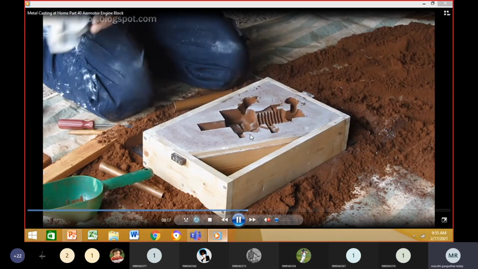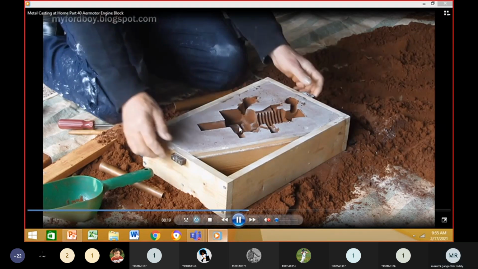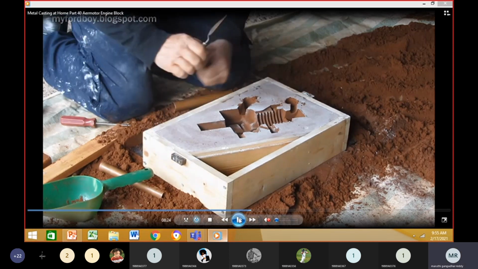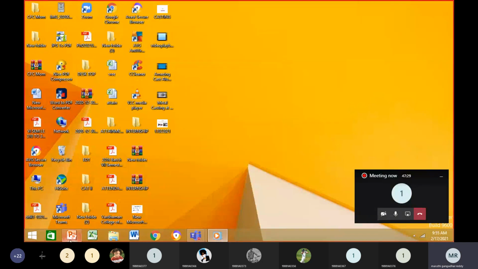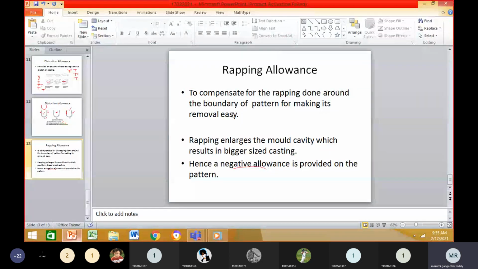So this is called the mold cavity. Have you noticed it? Whoever asked about the meaning of wrapping or shaking allowance, I think you might have noticed it. To compensate for wrapping done around the boundary of the pattern for making its removal easy, the operator has to perform tapping.